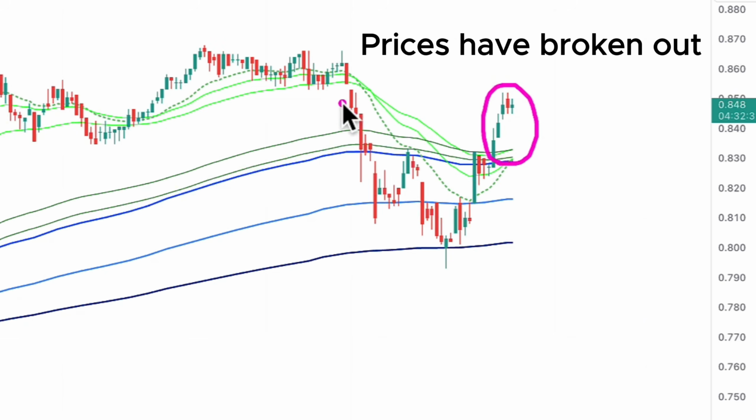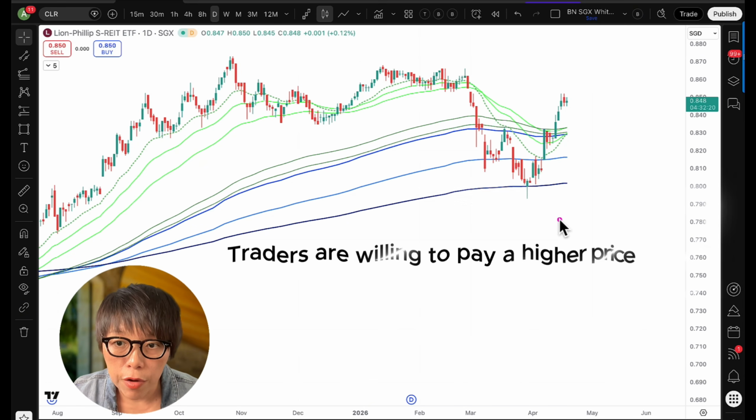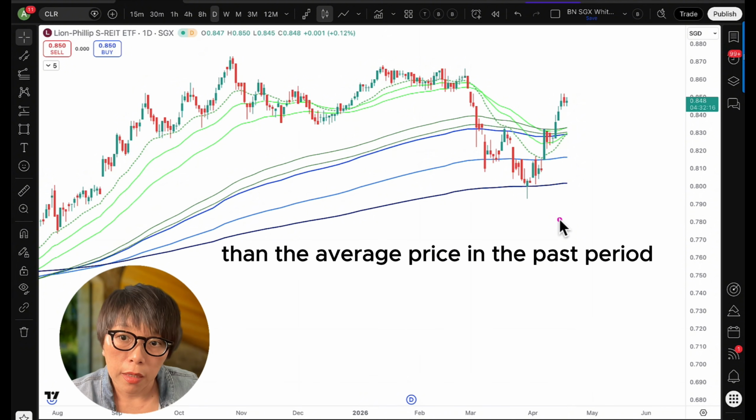Rather, initially it was trapped below the moving averages, and then recently the prices are above the moving averages, suggesting that right now investors and traders are willing to pay a higher price than the average price in the past period.